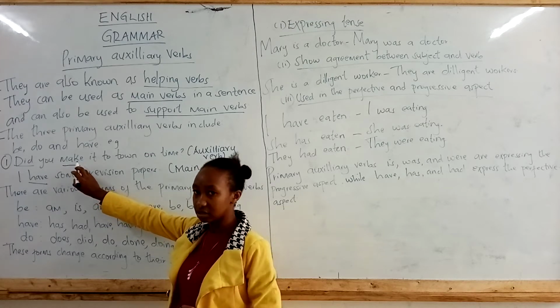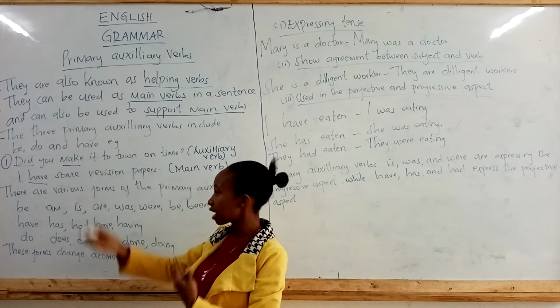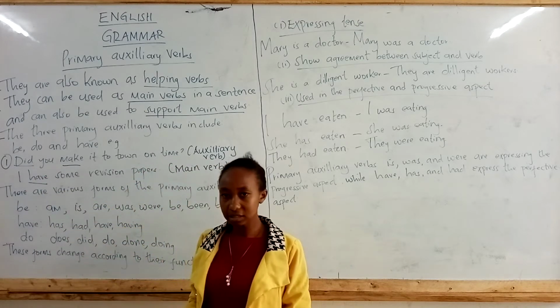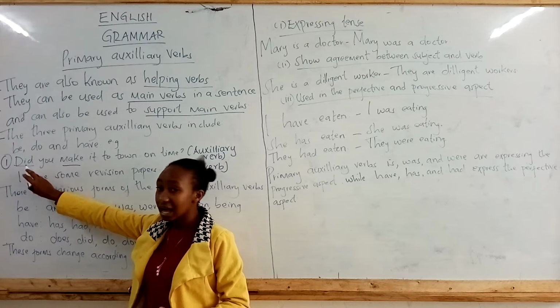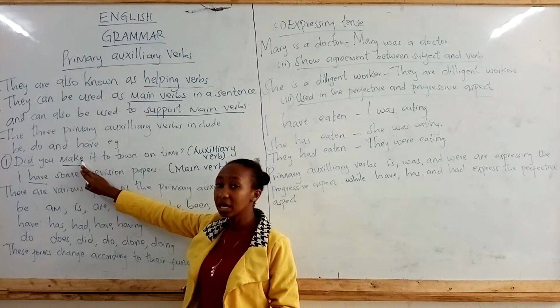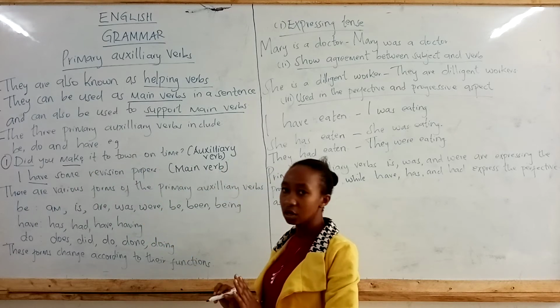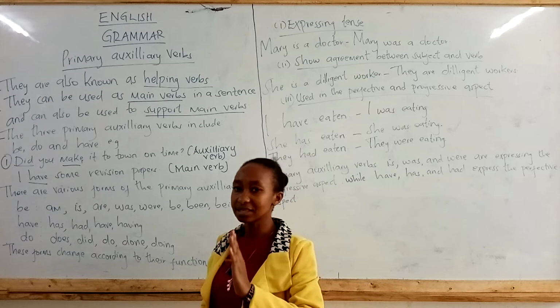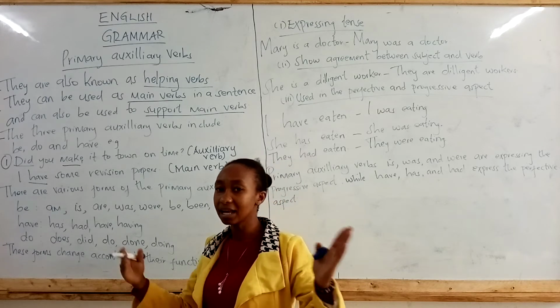So the main verb is make, while its helping verb or its auxiliary verb is did. In this particular case, did has been used as a helping verb, while make has been used as the main verb. That is what we mean when we say that an auxiliary verb can be used as a helping verb in a sentence.